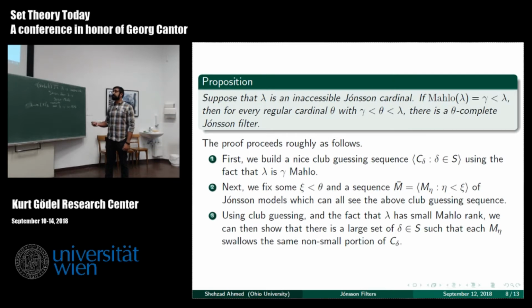So if I guess an appropriate type of club, I see this same portion over and over again, and then I look at the intersection of these M etas. The intersection contains all these non-trivial portions of a large set, so it has size lambda, and that tells me that the filter generated by M intersect lambda, for M an appropriate Jónsson model, ends up being a theta-complete filter. That is a very, very rough sketch.